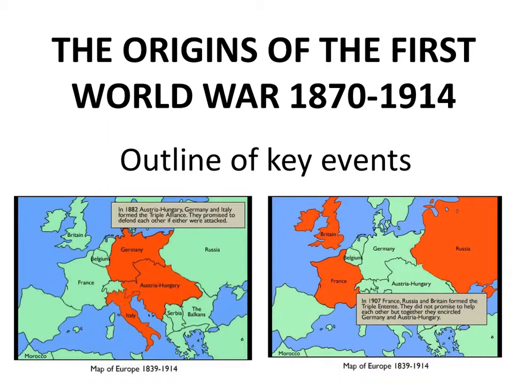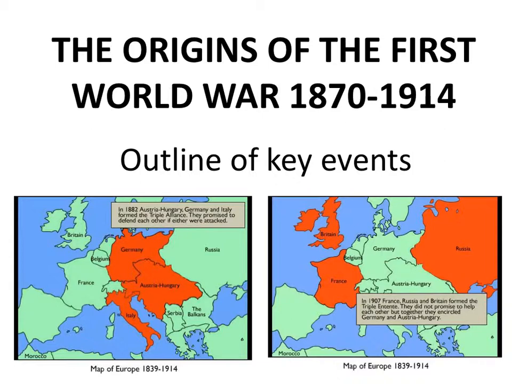Be aware, obviously you know that the war broke out in 1914. It broke out at the start of August 1914, and the two sides as they panned out, or certainly as they were at the beginning of the war, you're looking at on the map here. So on the left-hand side, you can see what we call the Triple Alliance.